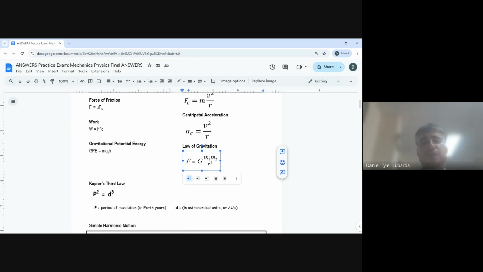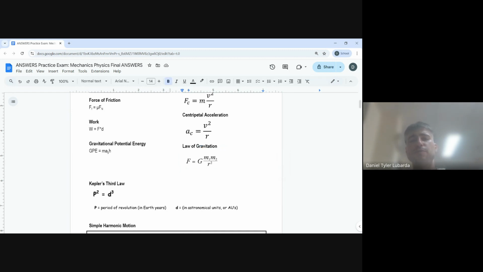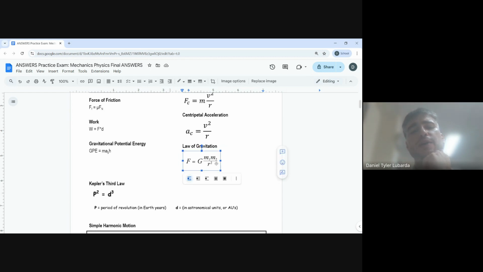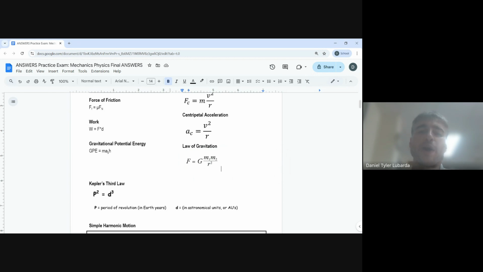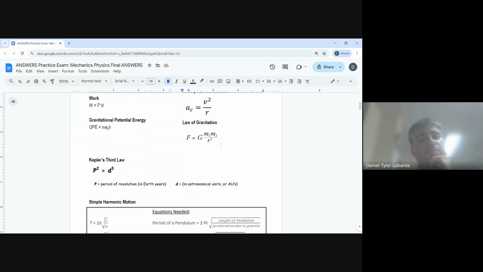You're going to get the same force. So it doesn't matter if it's, for example, the Earth pulling on the moon or the moon pulling on the Earth. They're pulling with the same force. And r squared is that distance between them squared. We use r because in a circular orbit, the radius is the distance between two objects.